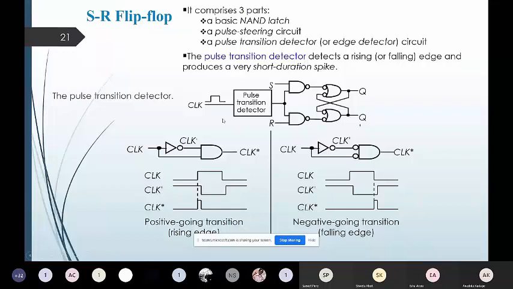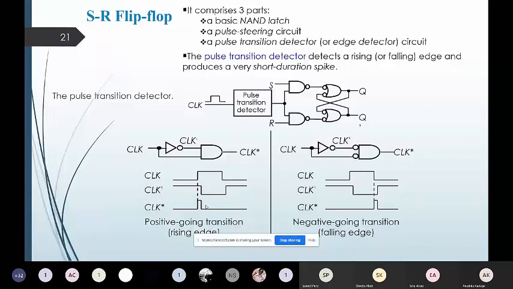Now, when this delay happens, at the output of this AND gate we are going to observe this small pulse, which is called a glitch in the flip-flop. And these glitches are caused due to the transition delay occurring in sequential gates which are connected in the flip-flop circuitry.